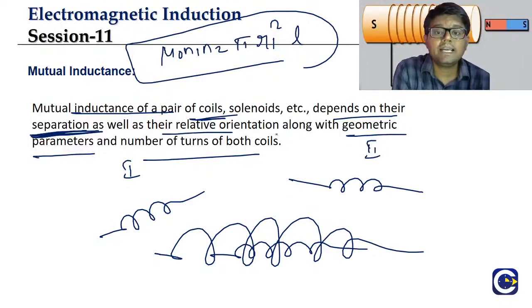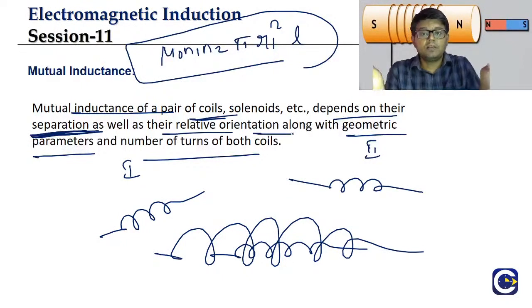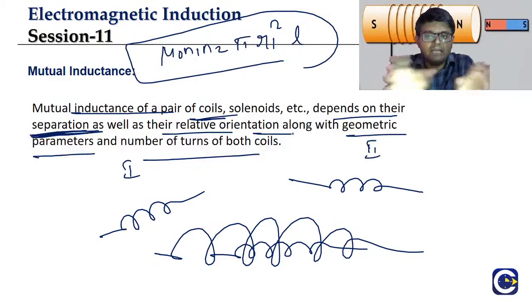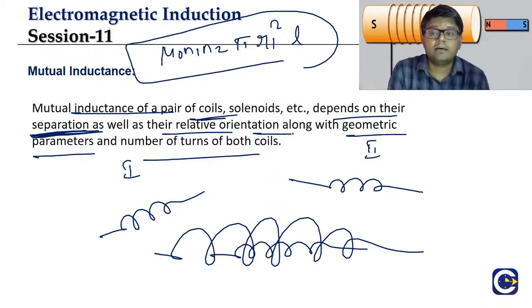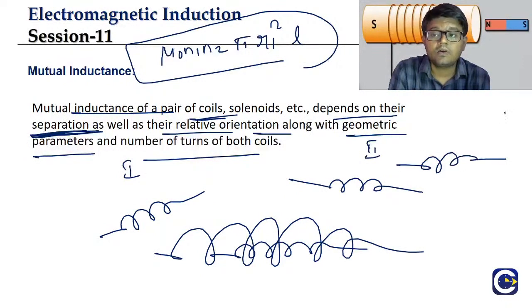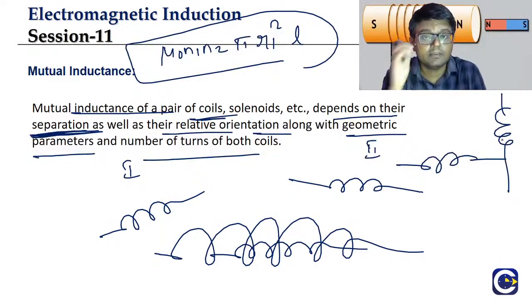And also the relative orientation. If the axis of one coil is exactly aligned with the axis of the other coil, the impact will be more. If the coils make right angles with respect to each other, then generally the mutual inductance is lesser.